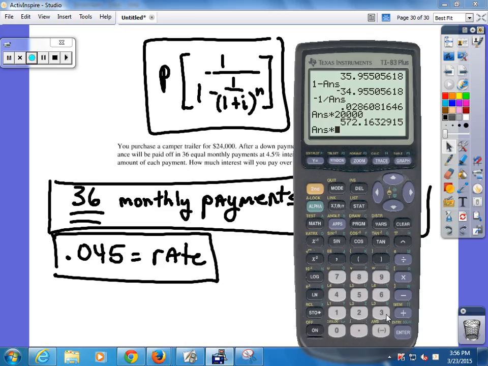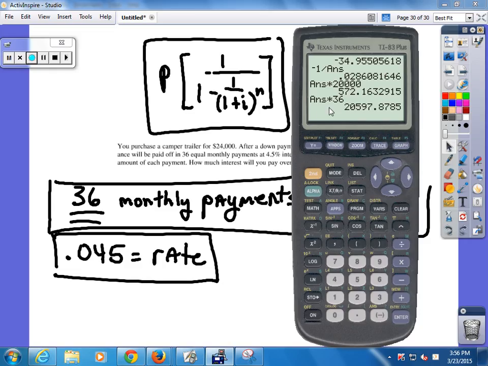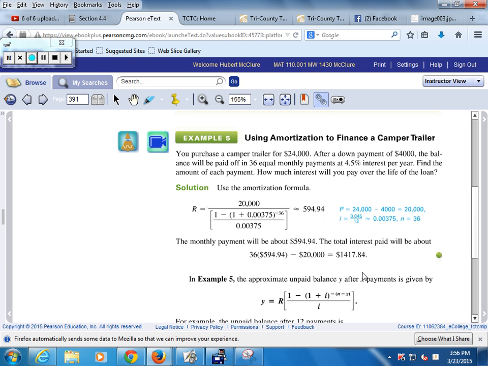Times 36. And that's equal to $20,597. Did I get that right? Let me make sure. Yeah, times 36. Let's see what we got so far. I got 594.